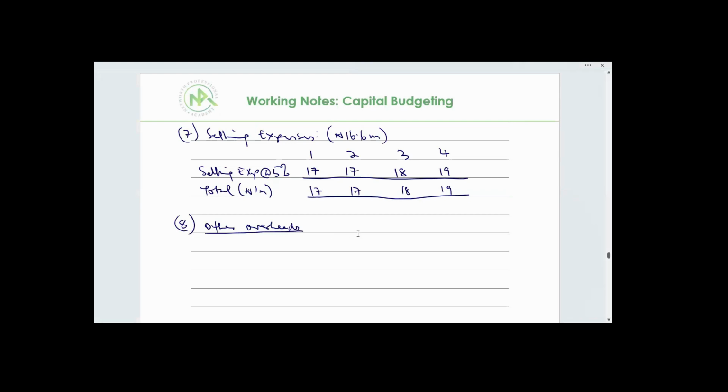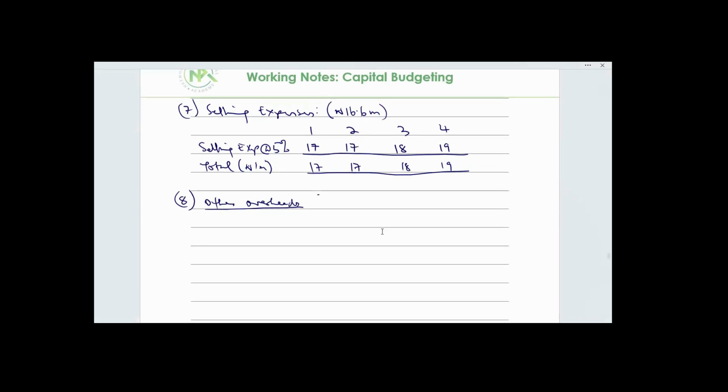There is another overhead of, according to the question, 7 million naira. This 7 million naira included building rates of 2 million. So the difference of 5 million is relevant. That's what we have to account for.